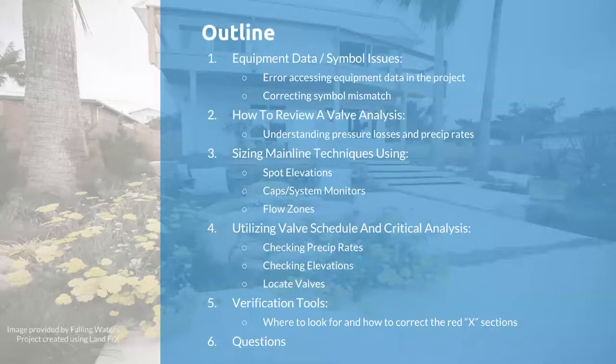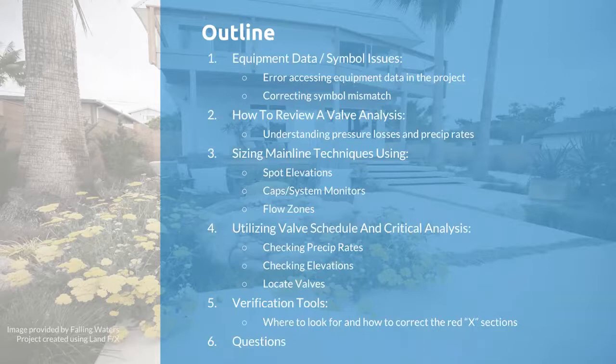We're going to just take this as a particular instance. This could apply to other schedules as we get down through the list, but really understanding the pressure loss and the precip rates that you are seeing as you are sizing your main lines, you start getting those messages that you've exceeded the pressure, that kind of thing.